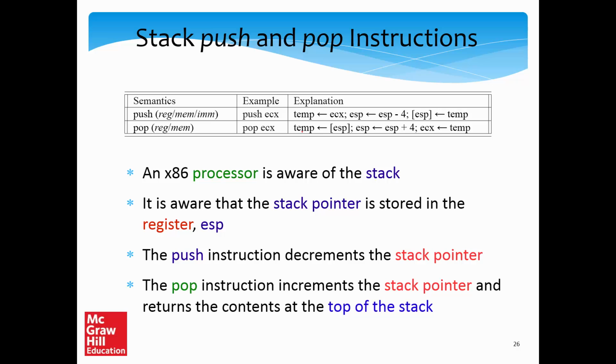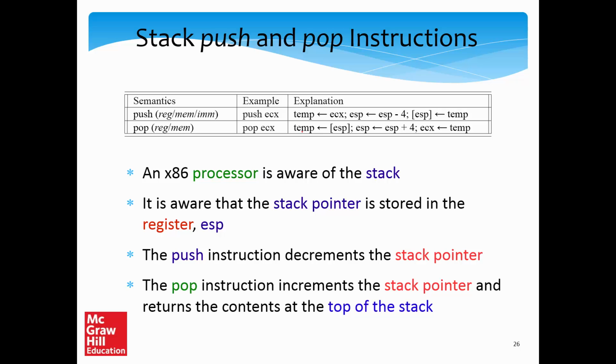Alright. Given that we have seen this, there are some more instructions that we need to see to get a better idea of the memory and data movement instructions. Two of those instructions are push and pop. Why do we have these?